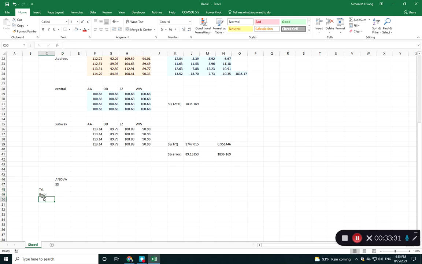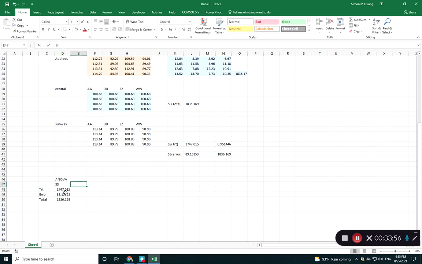And then of course when you add them up together, it's total. Okay? The treatment sum of square is equal to this guy, and error is equal to this guy. And then the total should equal this plus this.